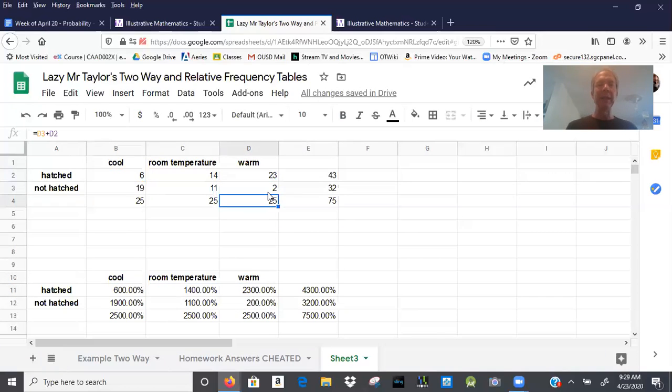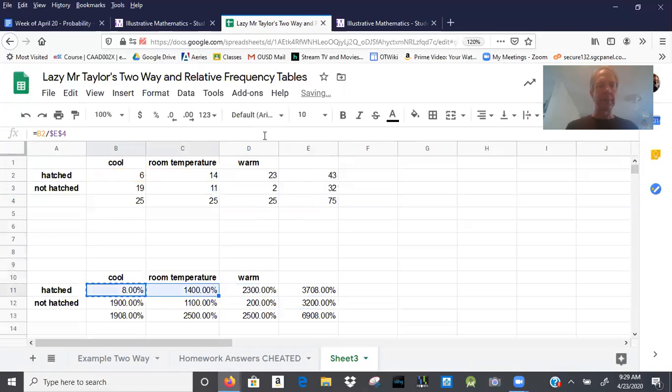I want it to always be E4. This is how you lock in a cell when you're copying and pasting. You're going to say B2 divided by $E$4. The $E locks the E in place, and $4 locks the 4. So it's always going to be 75, no matter where I copy and paste it. The B2 will change as it moves around, but the others won't.